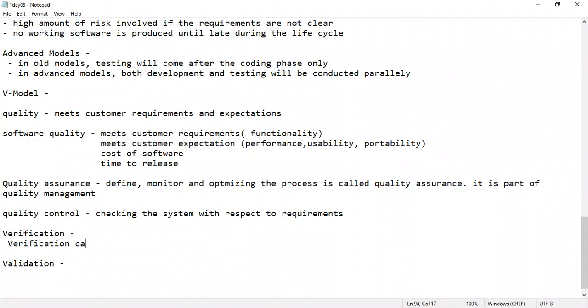Verification can be conducted on the documentation side.